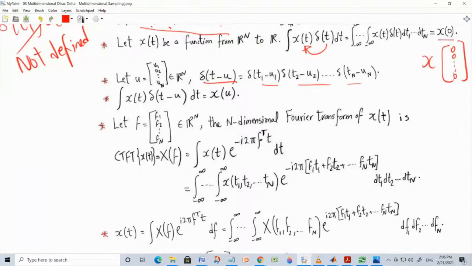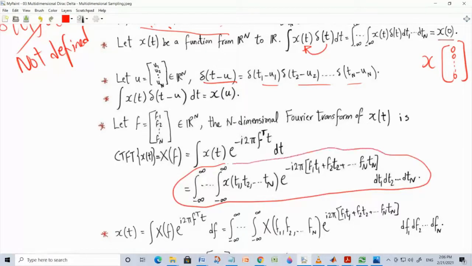The Fourier transform of a multidimensional signal is defined by this integral here. The Fourier transform of a one-dimensional signal takes you from t to f. Now it takes you from t1, t2 up to tn to f1, f2 up to fn.